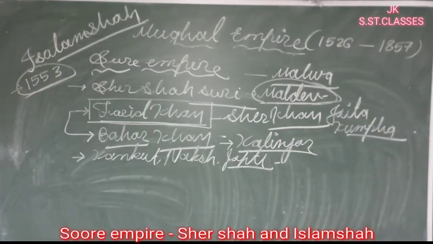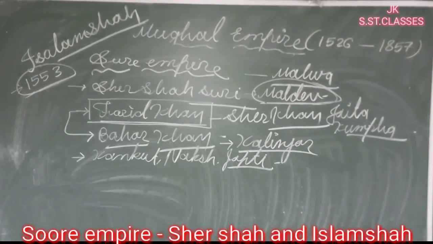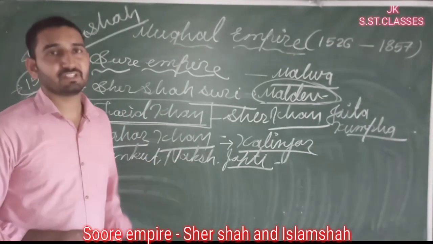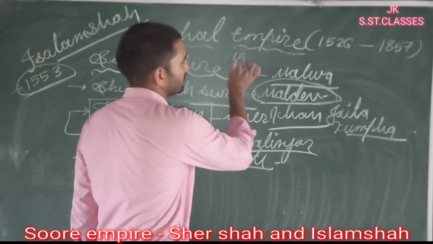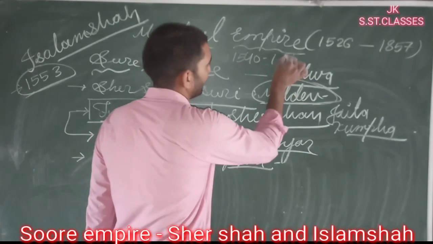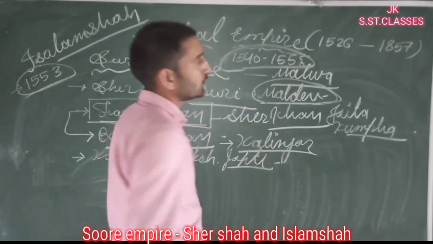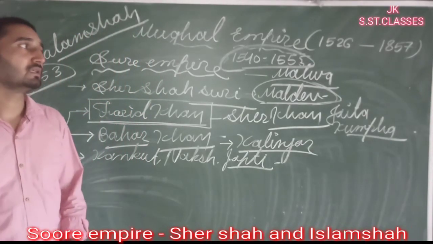Okay, so in this way the Soore dynasty came to an end in 1555. So we can say that the time period of Soore dynasty was from 1540 till 1555. With the re-establishment of Humayun, Soore dynasty came to an end.